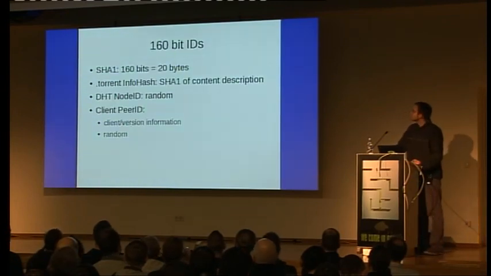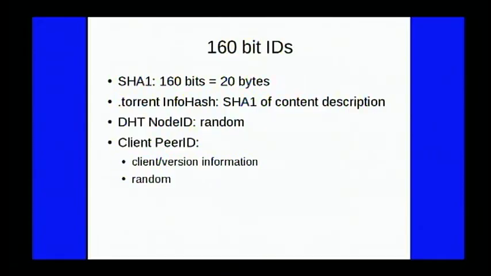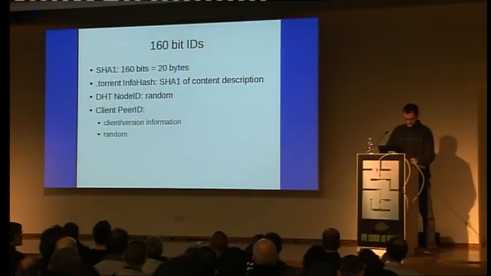So, as a reminder, everywhere 160-bit, conveniently: torrent info hash, DHT node ID, and quite unrelated and not really relevant for this talk is the client peer ID, which could be used to collect version statistics, which is pretty useful.